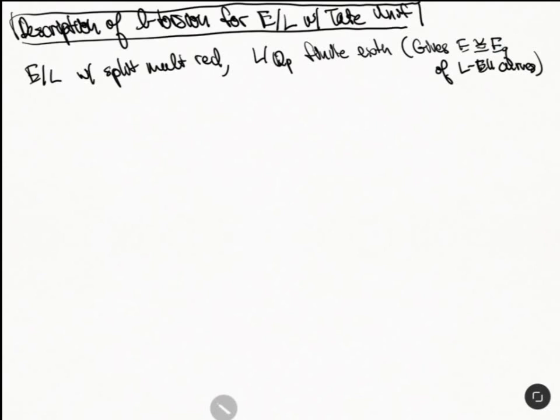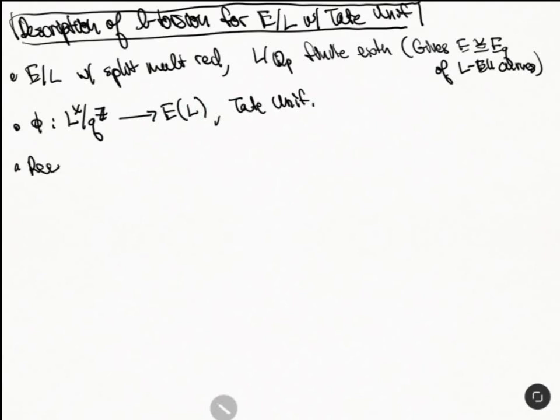We use the notation phi from L cross modulo q to the Z going to E, where E is really isomorphic to E_q. This is the Tate uniformization, and it has some explicit functions that do that. We already showed, again, that E[L](L bar) has a transvection basis.